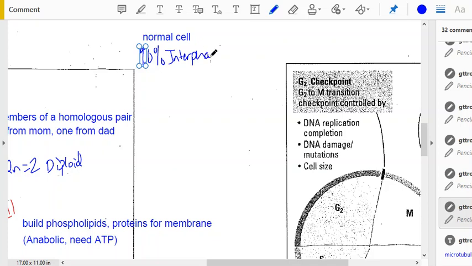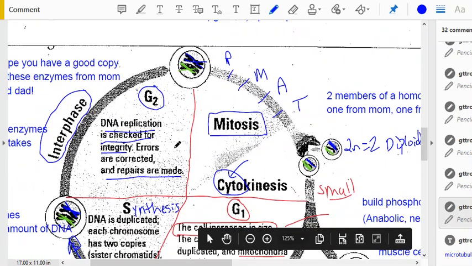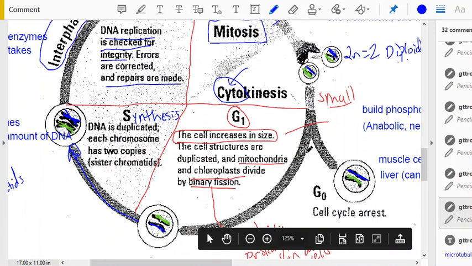And by doing its job, we mean making whatever protein, like let's just say you're a pancreatic cell, right? In that case, your job is making insulin or making glucagon, right? Let's say you're a muscle cell. Your job is to synthesize a lot of ATP for contractions, right? Let's talk about a liver cell. In that case, your job is to detoxify and, well, perhaps to make a lot of lipids.